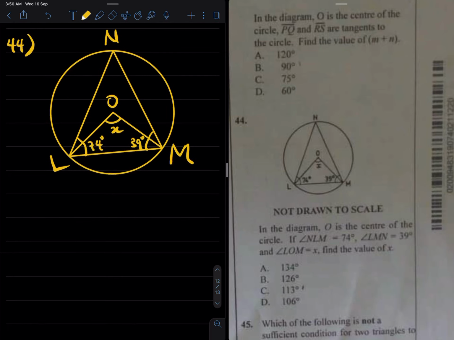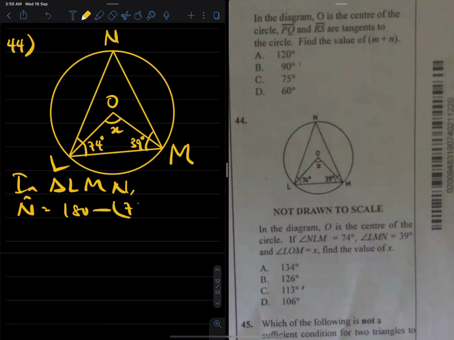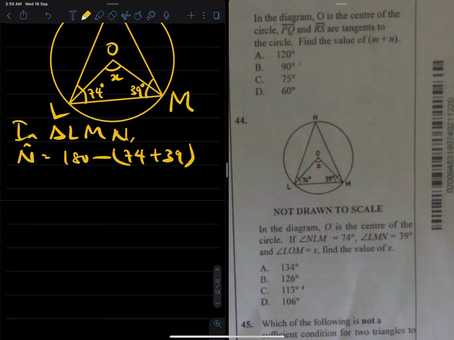Okay, in triangle LMN, angle N is 180 minus the sum of 74 and 39, by the sum of angles in a triangle.